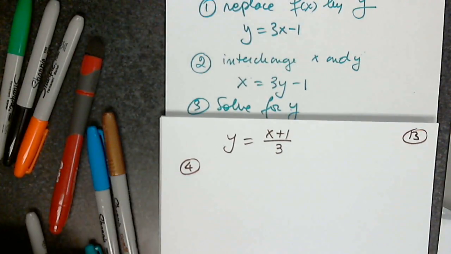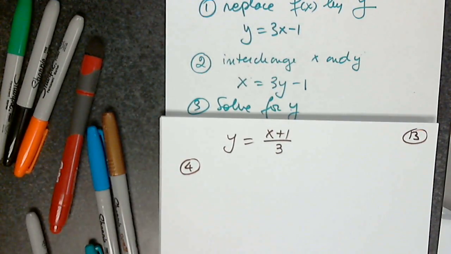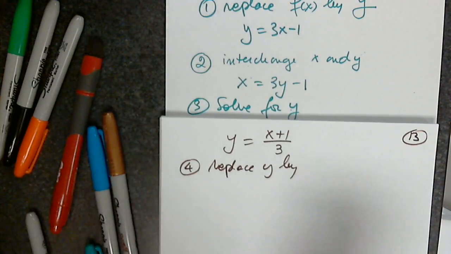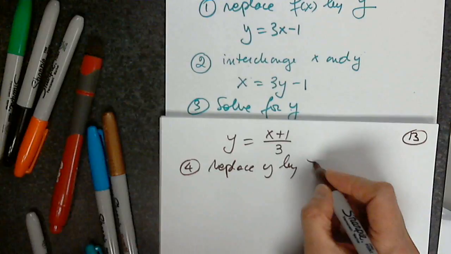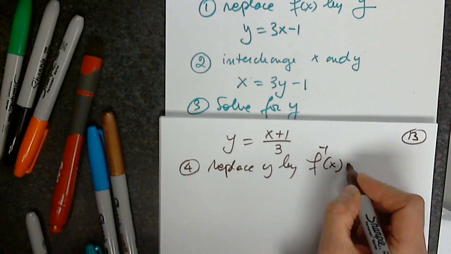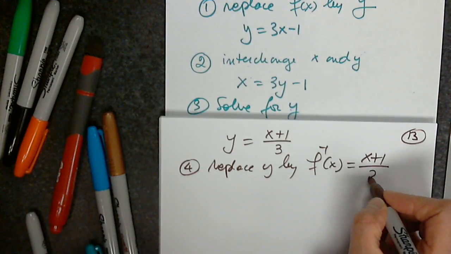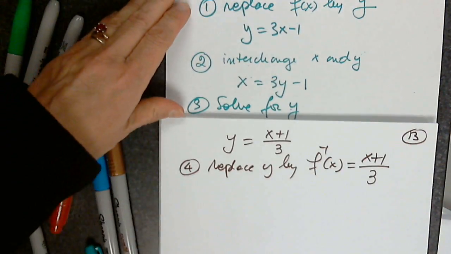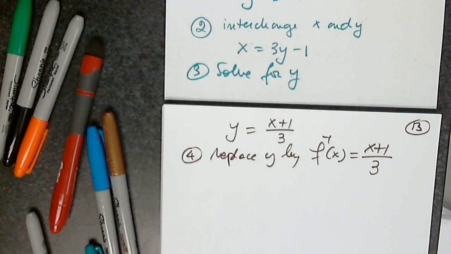In step 4, I have to replace y by what? By what I'm looking for. f inverse of x equals x plus 1 divided by 3. It's a 4-step procedure for finding f inverse.